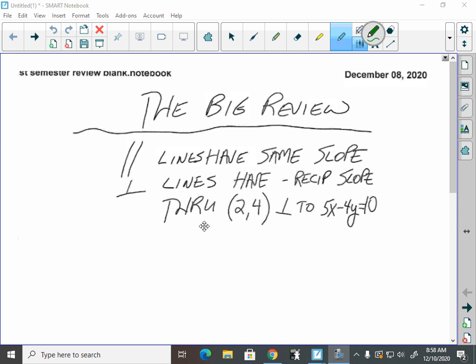Okay, so let's say that I had a point that was perpendicular to this line and I want to find the equation of that line. So the first thing I got to do is clean up this guy. It's in standard form, but I want it in slope-intercept form. Some fancy words there. So I'm going to move the 5x over. I'm going to divide by -4.